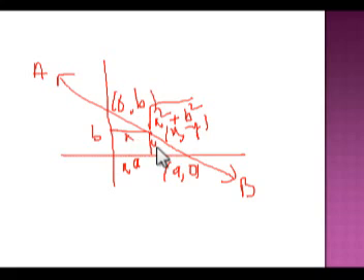a and b are parameters that can be changed, but we are not changing them because these are constants for this straight line. a and b cannot be changed; these are constants.